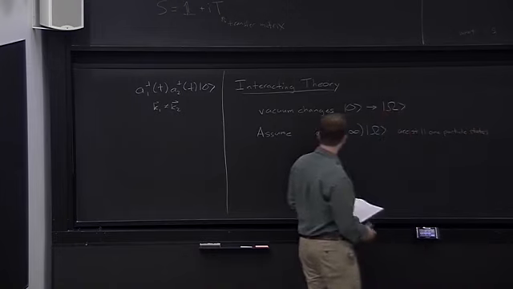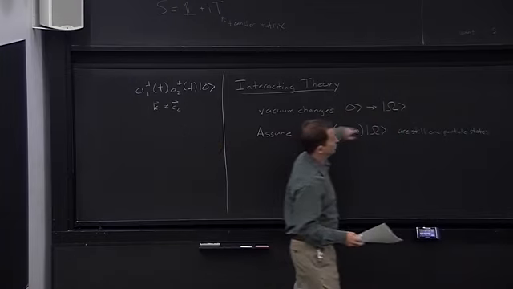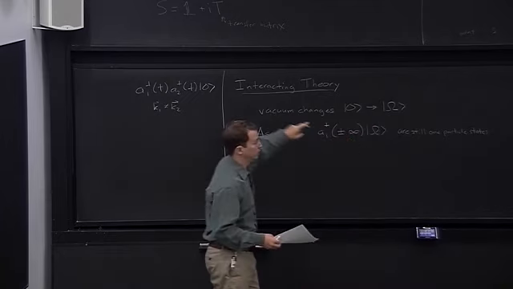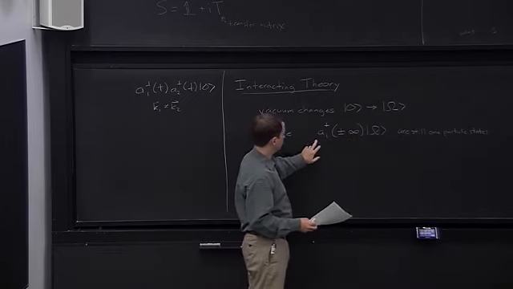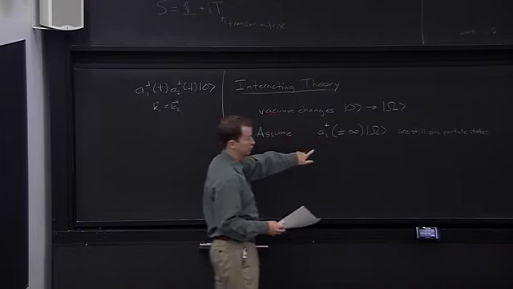This is somewhat weaker than we had before. Before, in the free theory, we had that A1 dagger created a one particle state for all time. So we only really need that at plus and minus infinity, we have a one particle state.